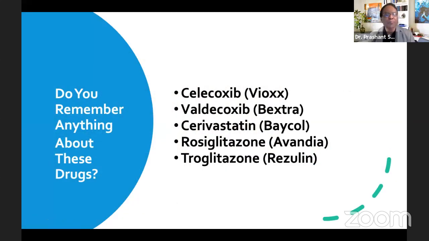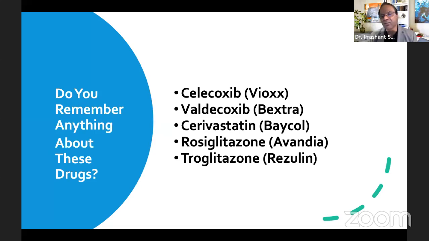What do you remember about the things that are listed on this slide? All these drugs were recalled by the FDA for various reasons, and mostly for their harmful effect. Vioxx and Bextra, which were painkillers meant to treat rheumatoid arthritis, were called off because of risk for heart disease or severe skin reactions.